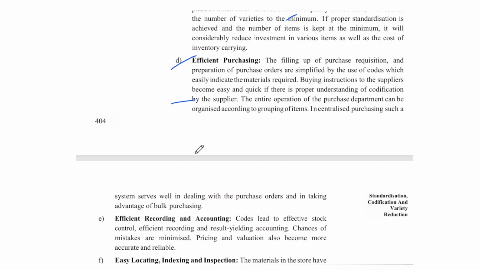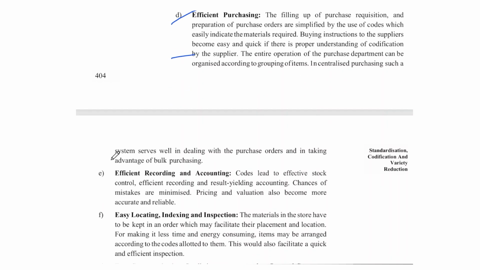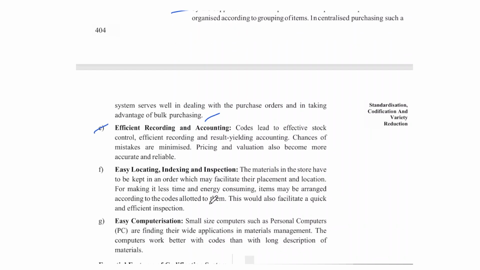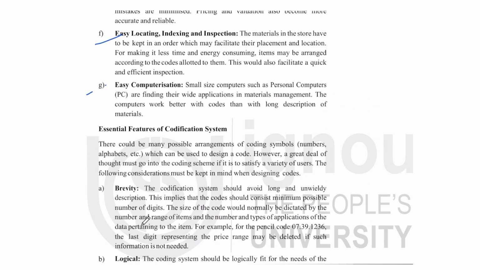And in centralized purchasing, such systems serve well in dealing with the purchase orders and in taking advantage of bulk purchasing. Next is efficient recording and accounting, easy locating, indexing, and inspection, and easy computerization.